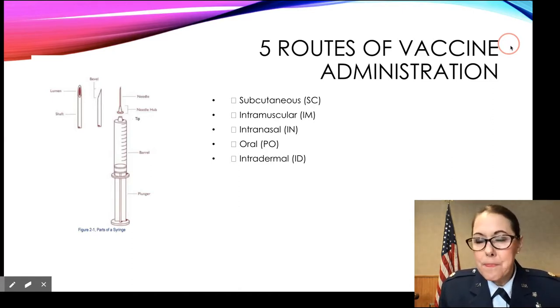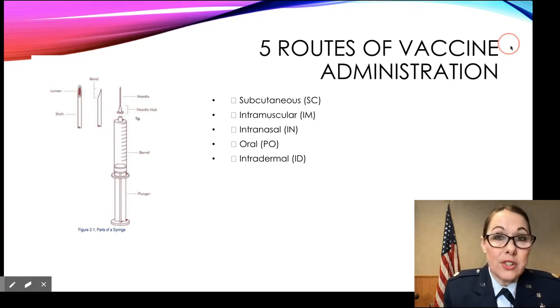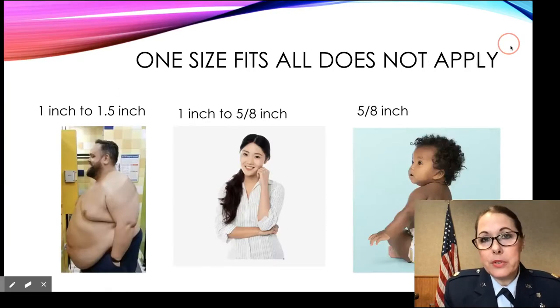You know, they're made to complement or agitate or stimulate a response based on where they're given, and that's all been predetermined. So again, if in question, always look. There's sheets that talk about what vaccines are given, where and how. Also with the COVID, the manufacturer guidance will tell us.